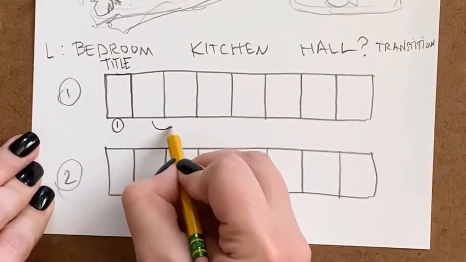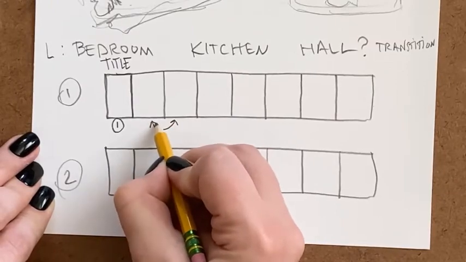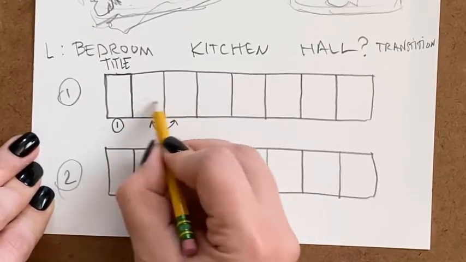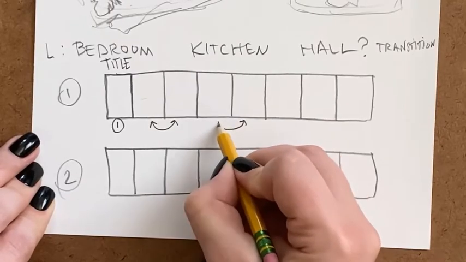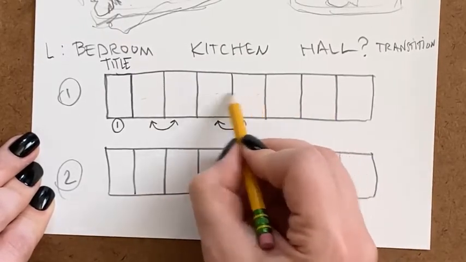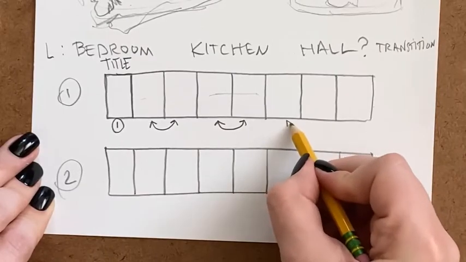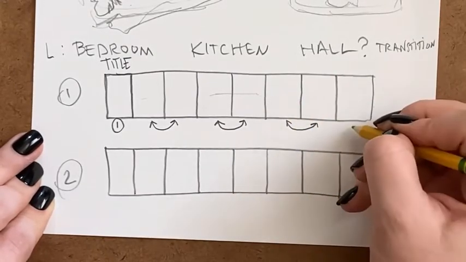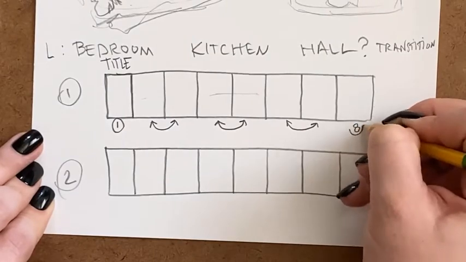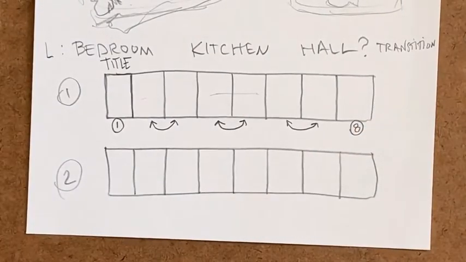Then pages 2 and 3 are going to be a 2-page spread. 4 and 5 are going to be a 2-page spread. And 6 and 7 will be a 2-page spread. And then our 8th page will be our last page in the book. You can end it with a back cover type thing, or you can end it with your last page in the story.